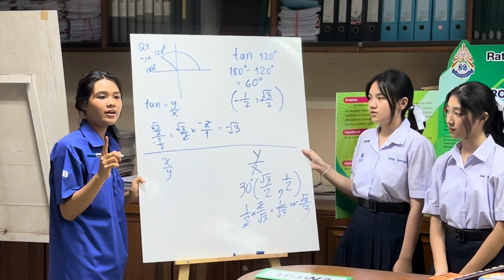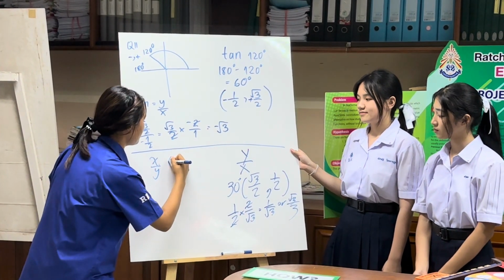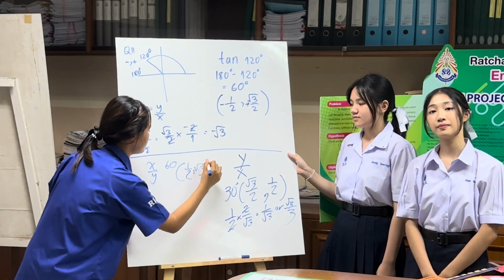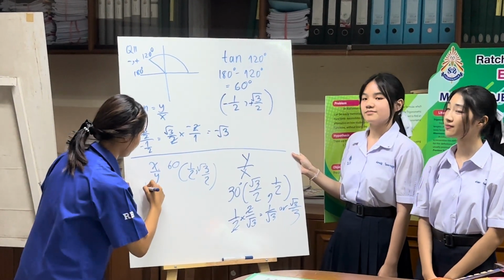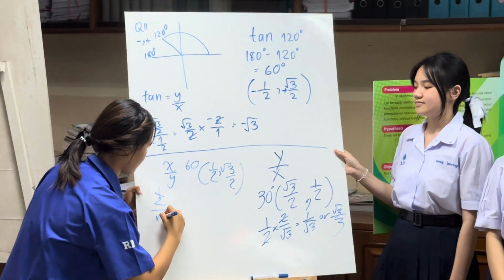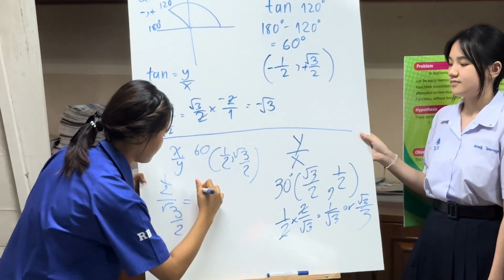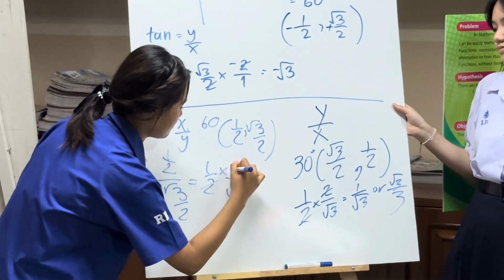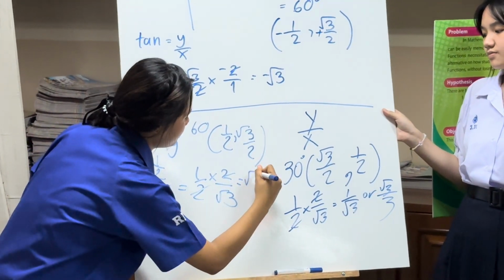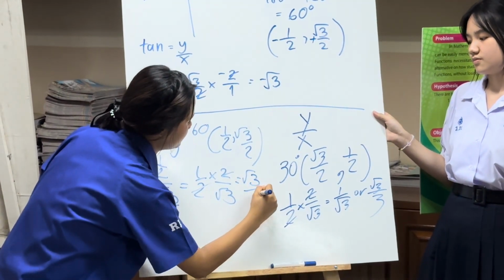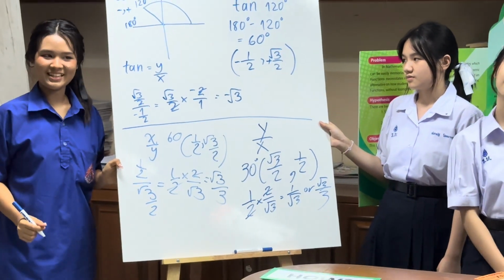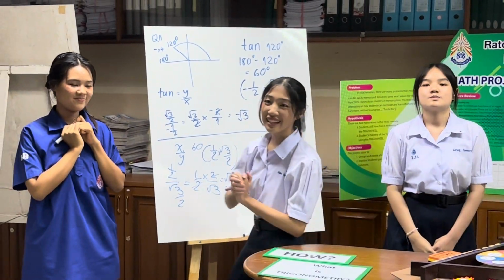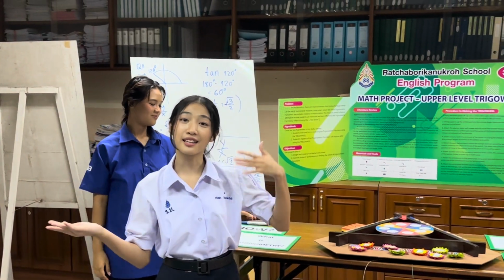And the coordinates of 60 are 1/2 and square root 3 over 2. Let's solve. As you can see here, we have the same answer. Lastly, the class was given a post-test.